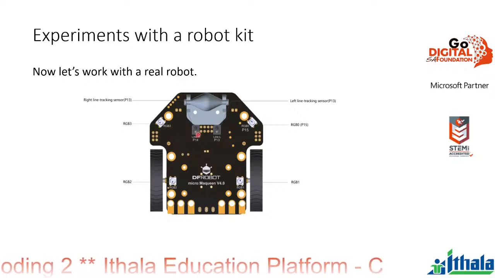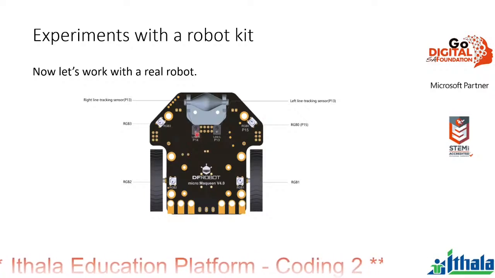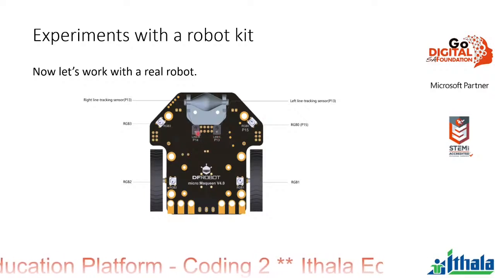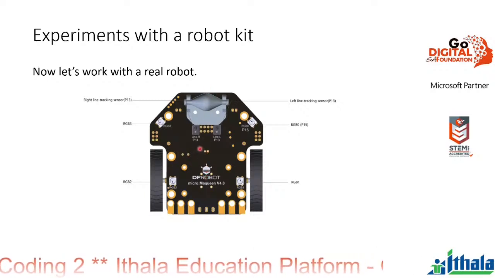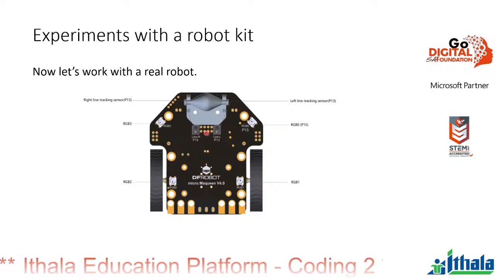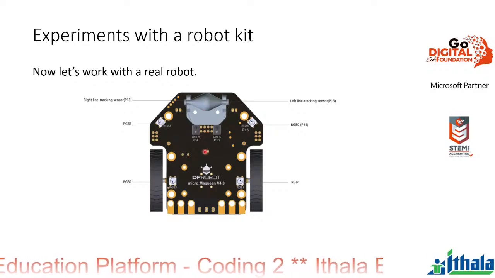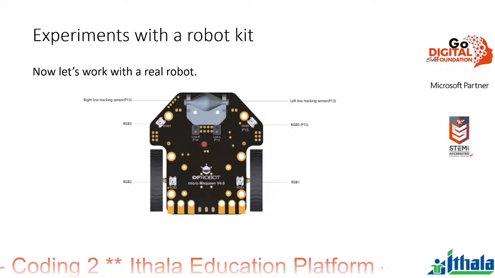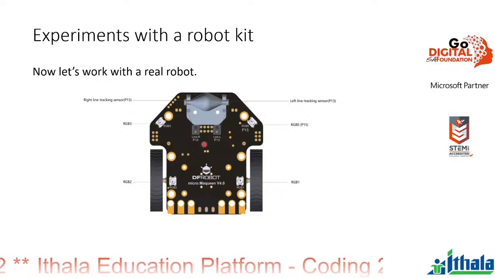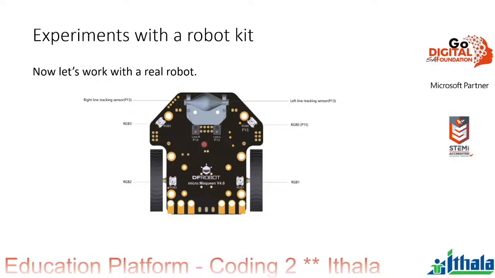And it's got a sensor that picks up the reflection. And it's got 2 of these. So if we draw a line on the floor, then these sensors can be used to see if the line is between the 2. That way we can write a program so this robot will follow the line that we draw. And we'll see how that works just now.